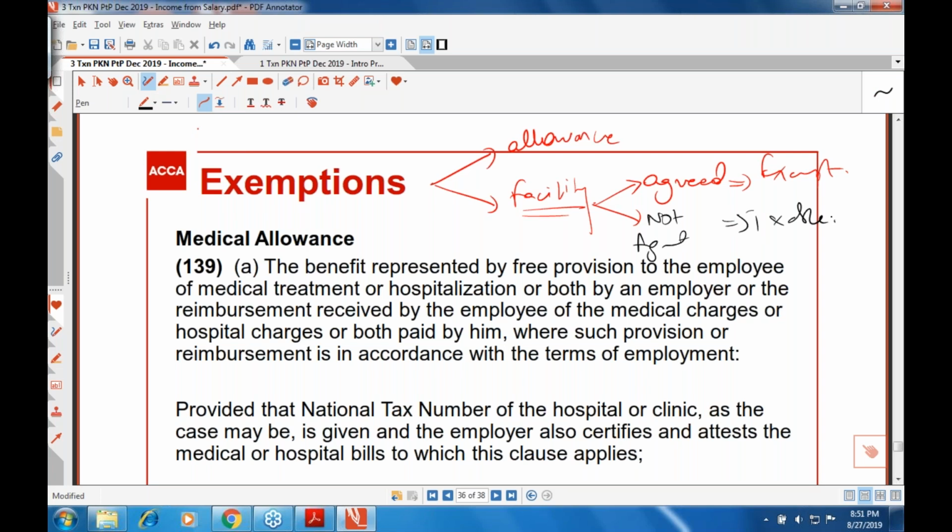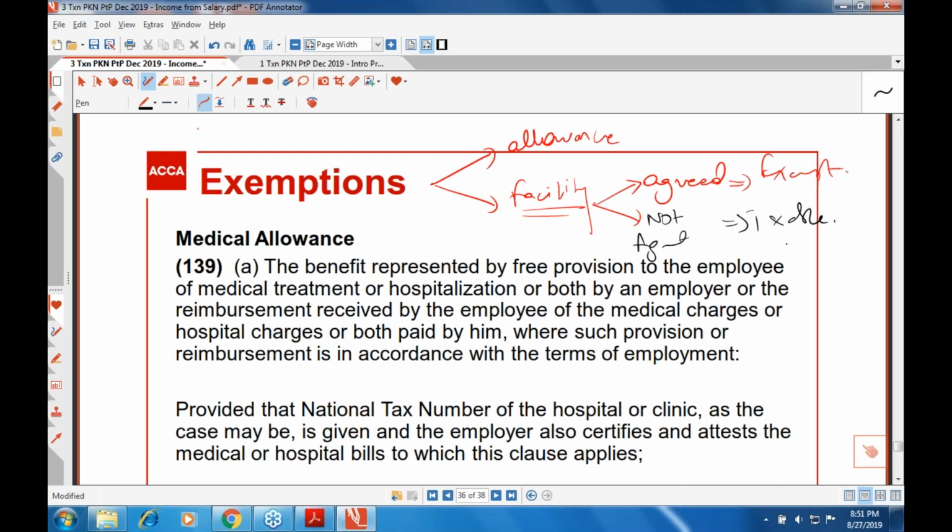For example, a lot of companies have hospitals, doctors, and clinics on panel. If anything goes wrong, you just go there and get treated, and the payment is made by the company. Now let's try to understand.